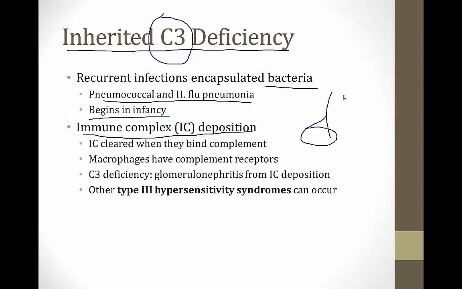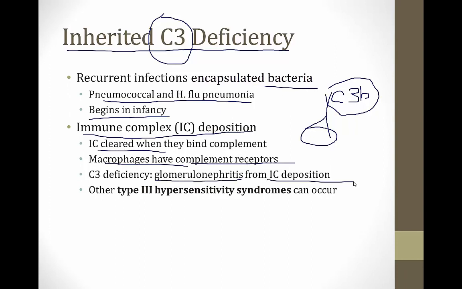A major way that they are cleared is by complement activation and the formation of C3b on their surface. Recall that C3b can draw in macrophages because they have complement receptors. So when you're deficient in the complement system, you can't form this C3b and you can't draw in macrophages, and as a result, you have impaired clearance of immune complexes. So children with an inherited C3 deficiency get glomerular nephritis from immune complex deposition in their kidneys.